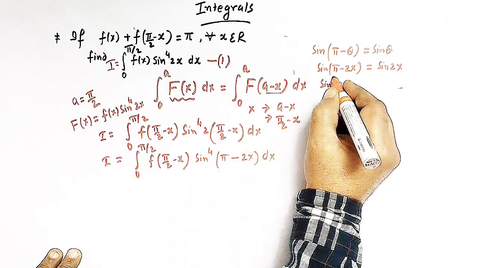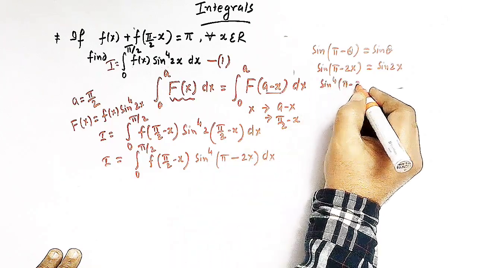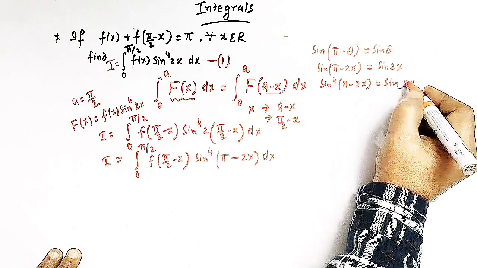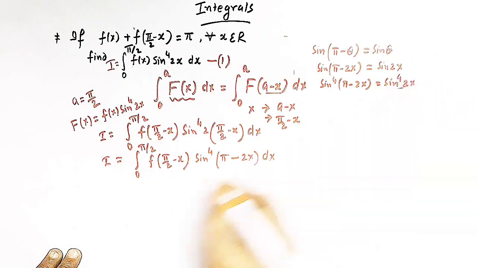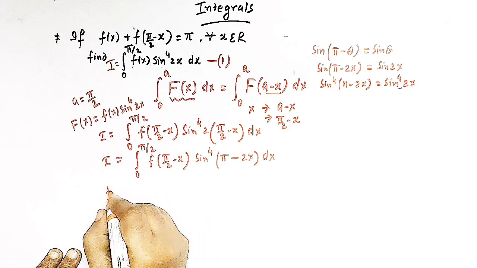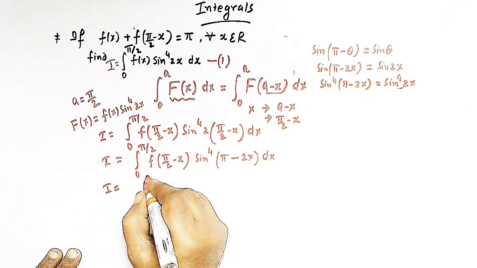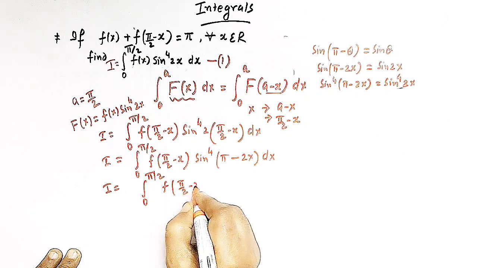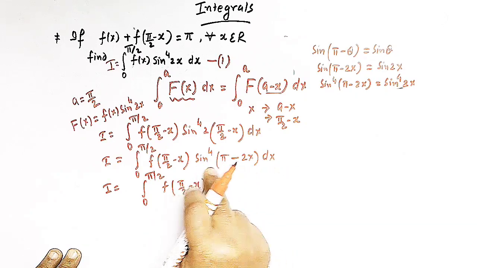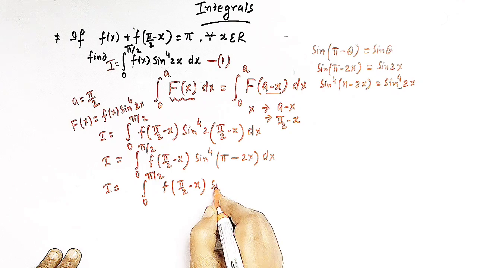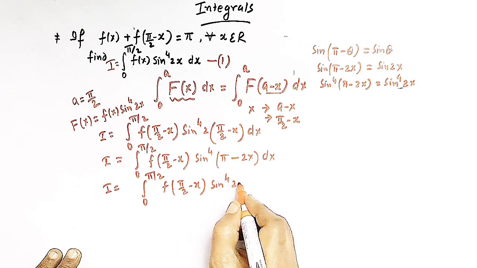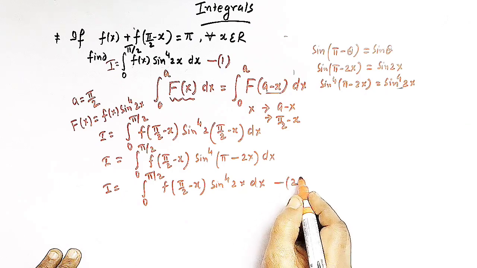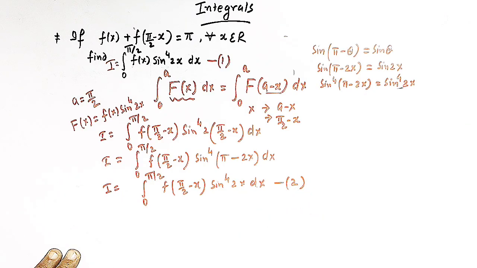So we now have I is equal to the integral from 0 to pi by 2 of f of pi by 2 minus x times sine 2x raised to 4 dx, and let us call this equation number 2, right?